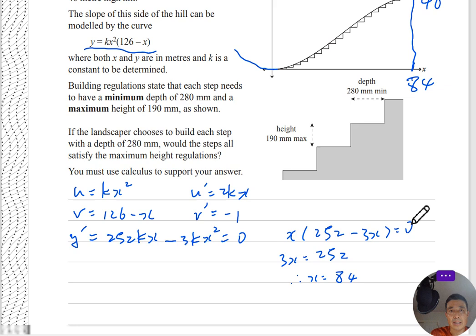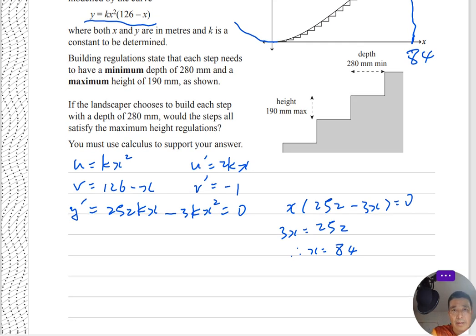Now, find k. As I said earlier, you just plug 84 into x and 48 into y. So 84 squared times k times 126 minus 84 should be 48, right? And then it turns out k is quite a long number.